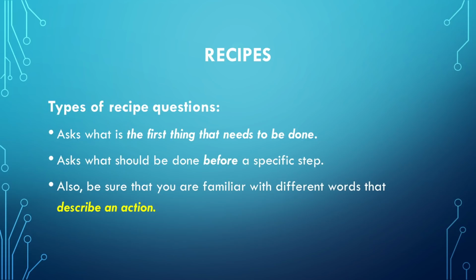And with these first 2 that I just mentioned, it's very important that you read the question carefully so you will know what it's asking and so you'll know how to approach solving it. Lastly, make sure you are familiar with different words that describe an action and words that pertain to recipes. I guess it's real important that you know how to read a recipe if you want to be a nurse.